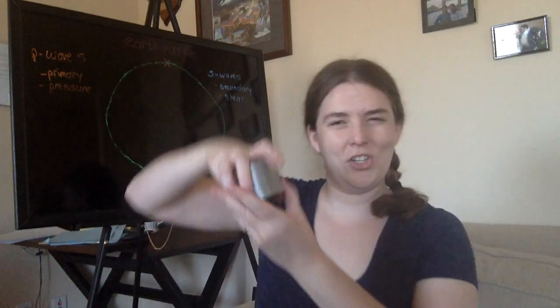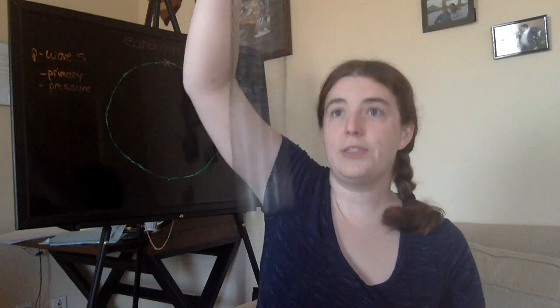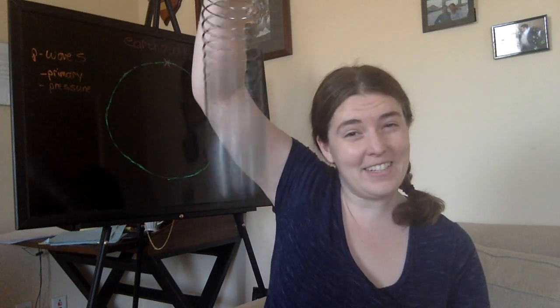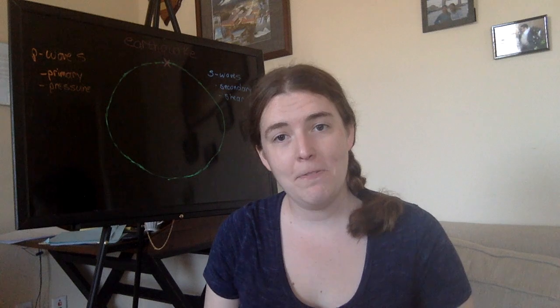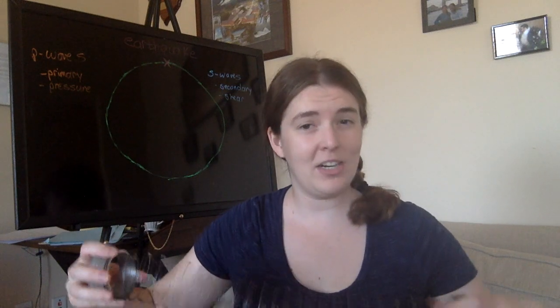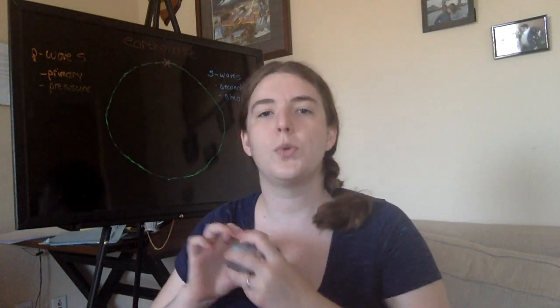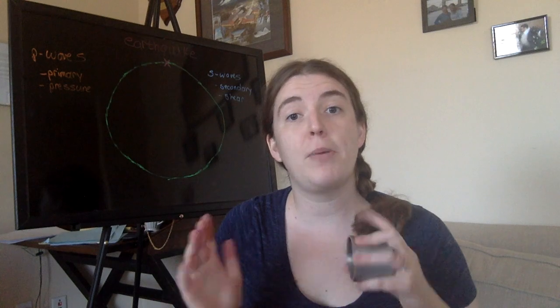I think it's a little easier to see if we do this vertically. So vertically, a P wave looks like that. And then a secondary wave is different. A secondary wave goes like this, all right? And then it would move like this. So the direction of propagation, right? We're still moving left to right here.